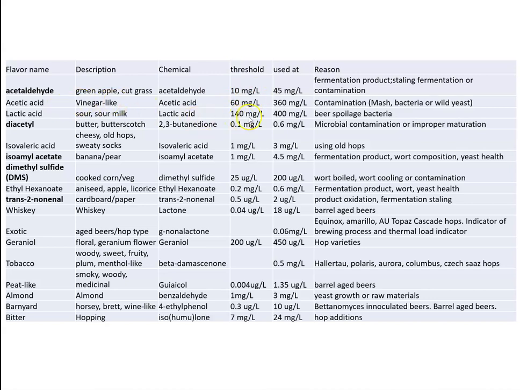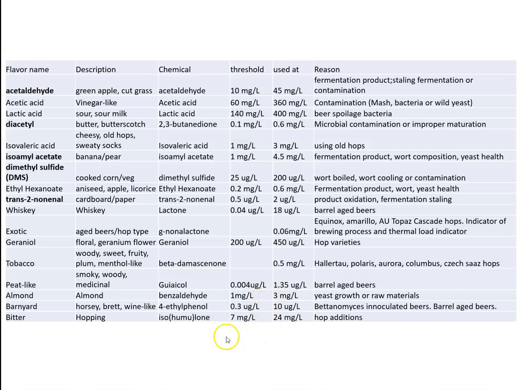Sometimes, like lactic acid, you need 10 times more, even to perceive that taste. Diacetyl, you don't technically need that much. You only need 0.1 milligrams versus 10. So there are variations in how well we're able to perceive this flavor, and that will dictate if it tastes good or sometimes if it tastes bad.